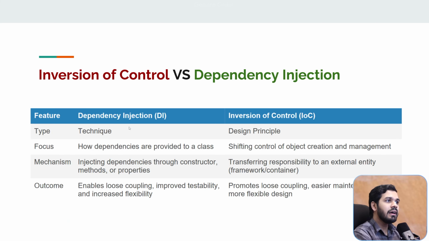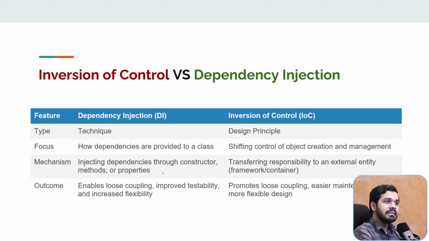For the inversion of control principle, the focus is on shifting control of object creation and management. So rather than tightly coupling these systems together, inversion of control shifts the control of object creation and management to another tool, which is dependency injection.